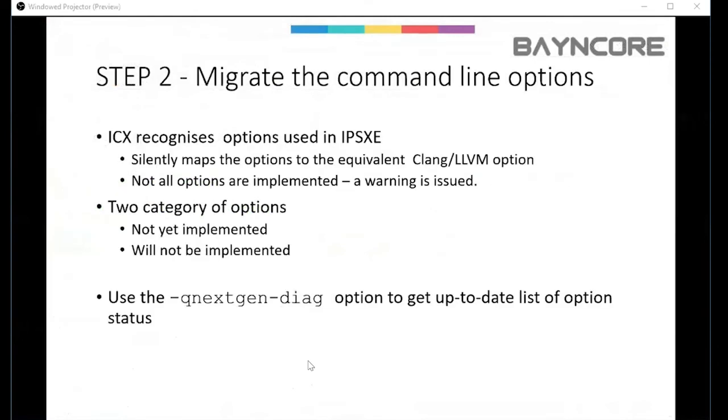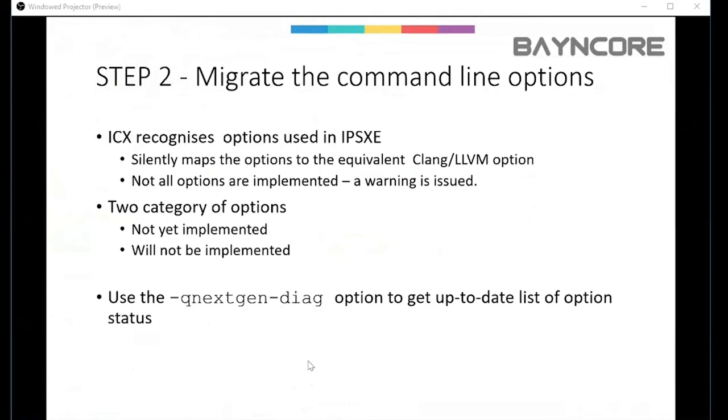So we've done that. The next step is to look at the command line options with the compiler, and I'm looking at ICX. Remember, they have different front ends. The LLVM compiler, the C compiler, has got a different front end to the ICC compiler, so some of the commands may not be supported.